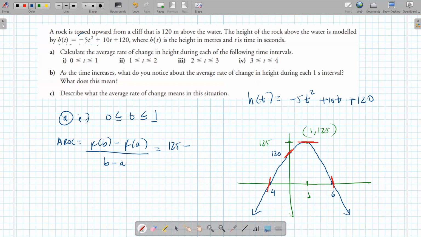Minus, look at this equation. When the x value is 0, what's the y value? We already have that number here. In other words, what's the y-intercept?